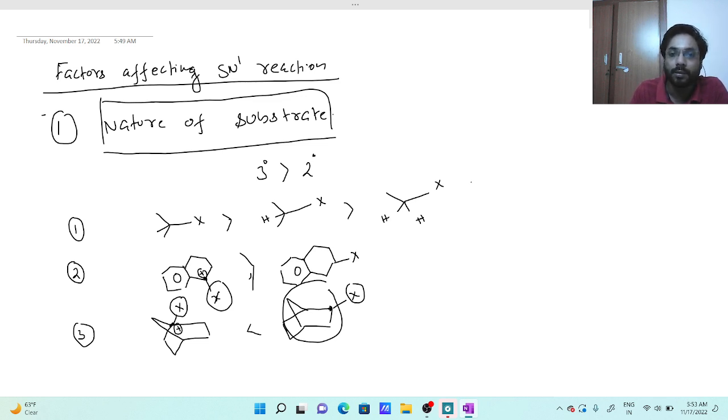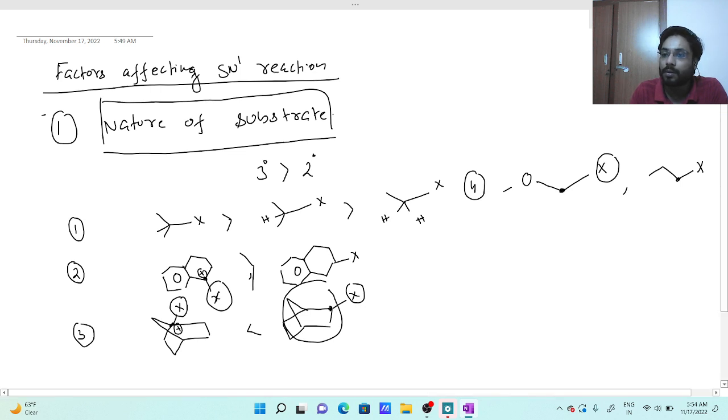Question number 4. Let's say this is oxygen and this is the alkyl halide. Sorry, this is any leaving group maybe, or you can write X equal to iodine here. Second case. Which one is more stable? The carbocation generated over this carbon or this one?